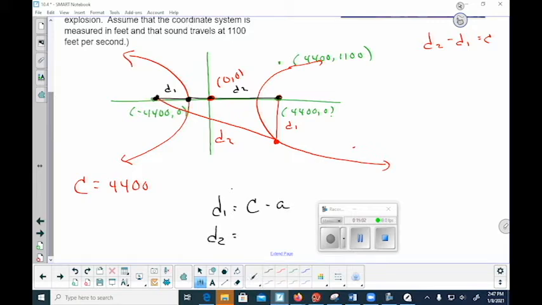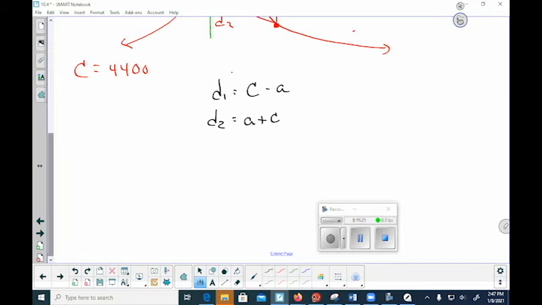D2 is going to be the distance from the point to the center, which is a, plus the distance from the center to the other focus, which is c. So when I take D2 minus D1, I'm going to take a plus c minus c minus a, and this is equal to my constant.